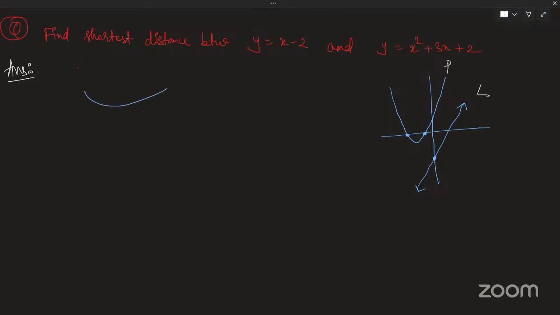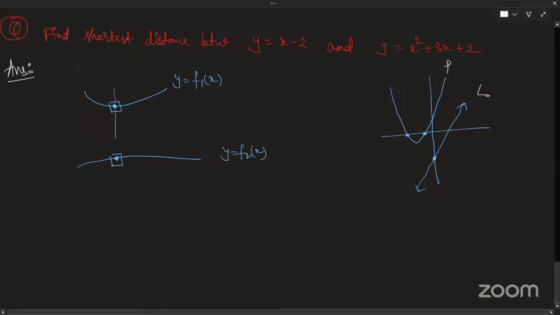This is y is equal to f1 of x, and this is another curve y is equal to f2 of x. At the points where they have minimum distance, if I connect the line between those points, this line will act as a common normal.